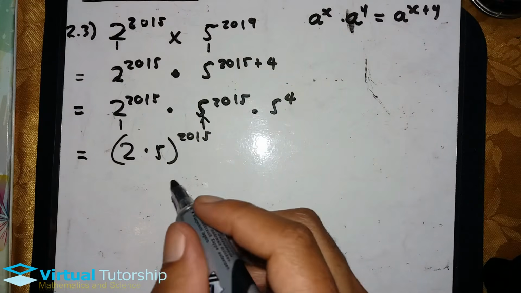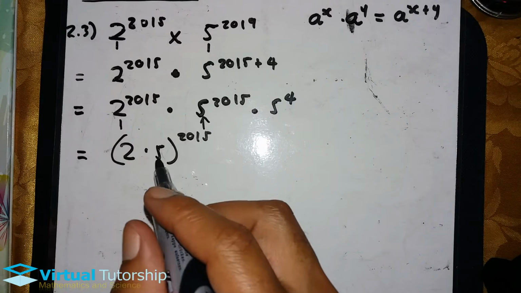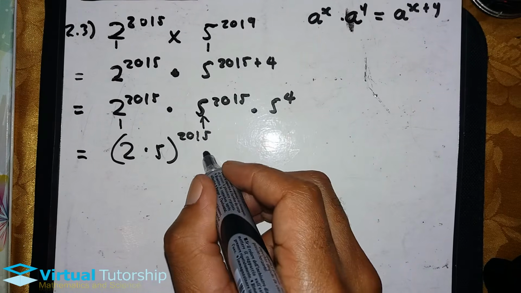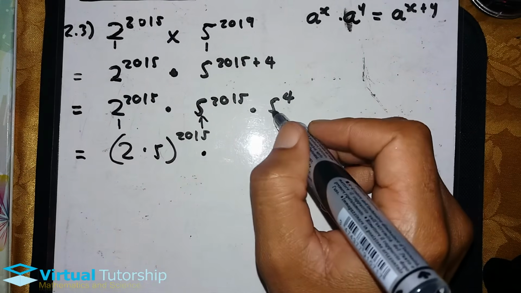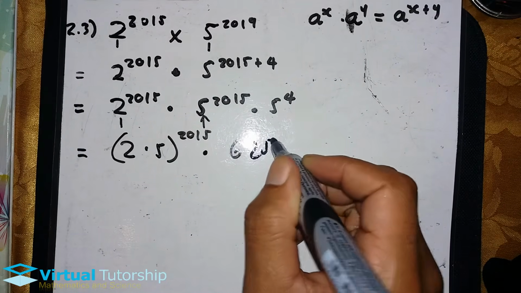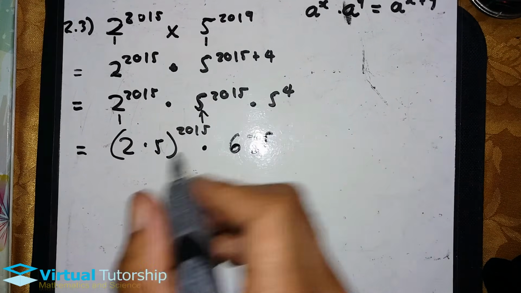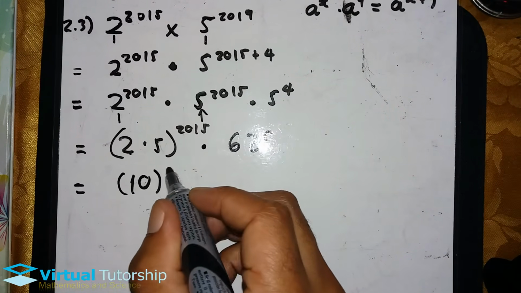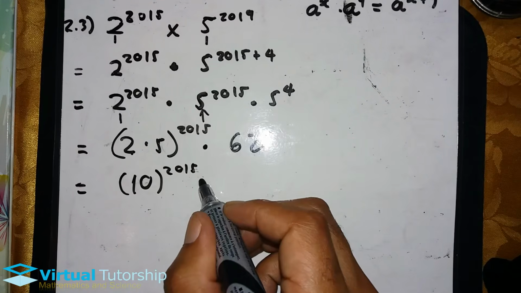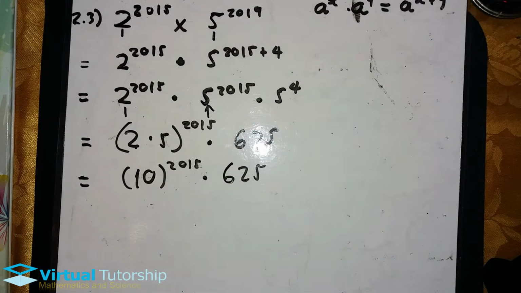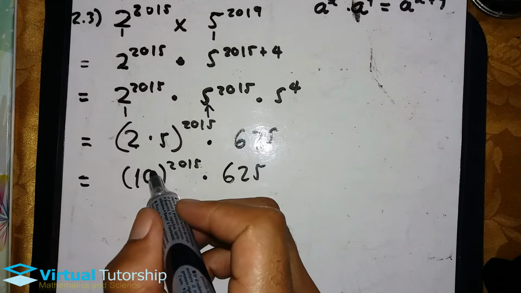So look now. It's going to be times 5 exponent 4, which gives 625, and then 2 times 5 gives 10, all raised to exponent 2015 multiplied by 625.